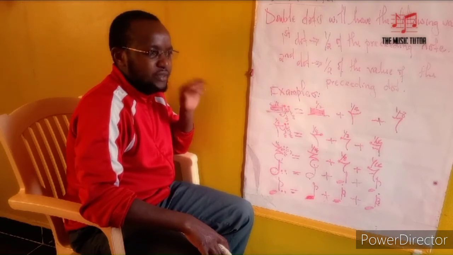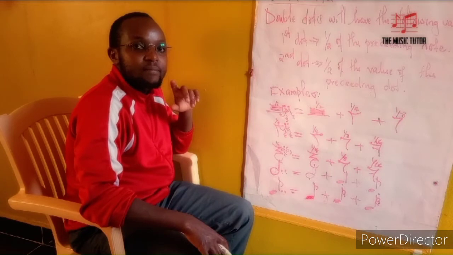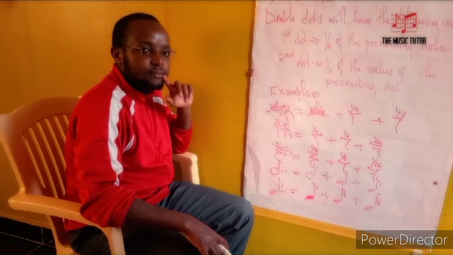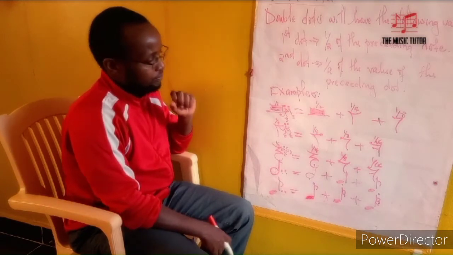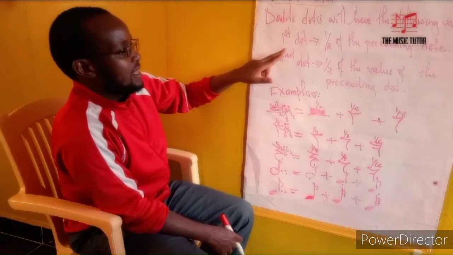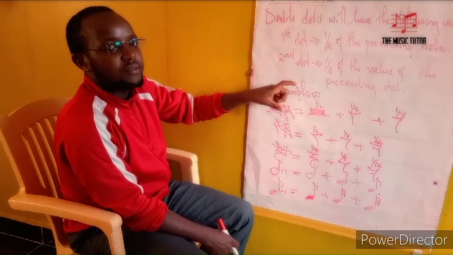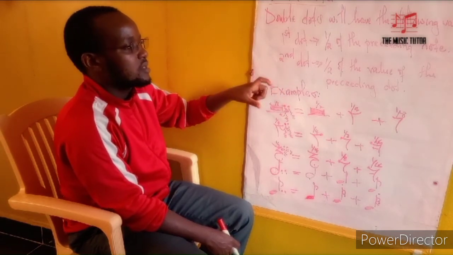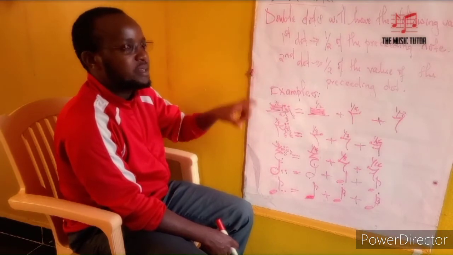Double dots are not very common when writing music, but the values of double dots are there, but not used most of the time. The first dot will always take half the value of the preceding note or rest, and the second dot will always take half the value of the preceding dot.